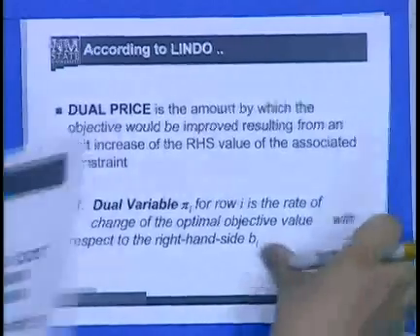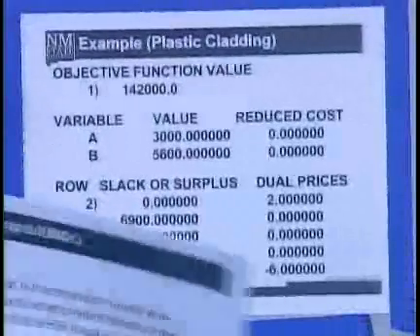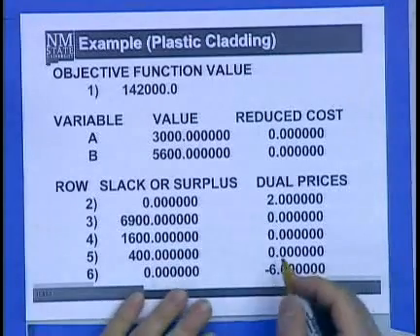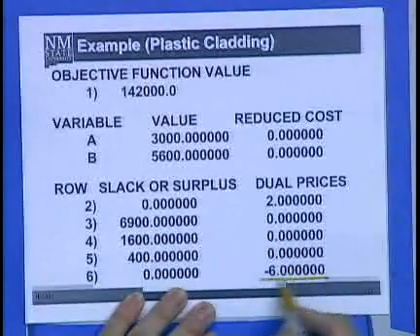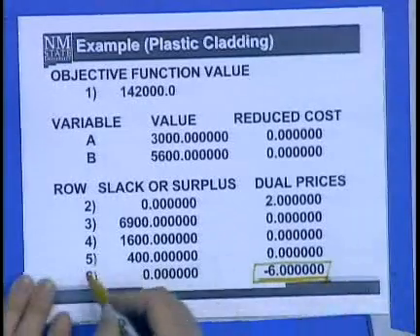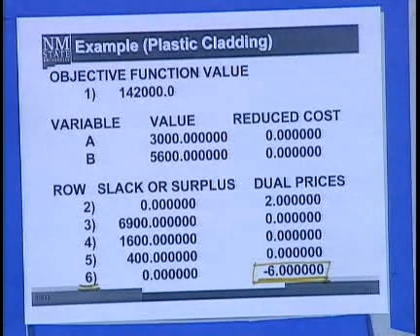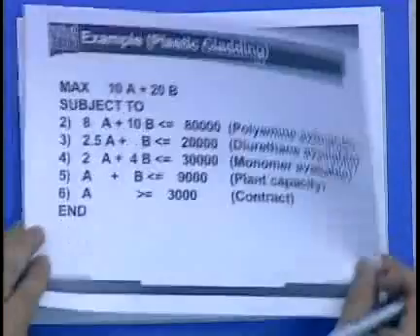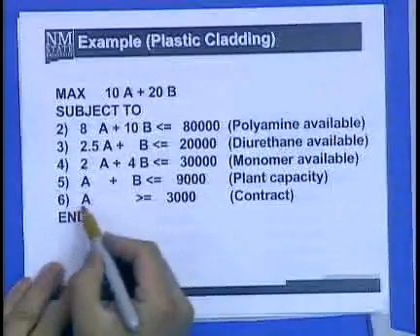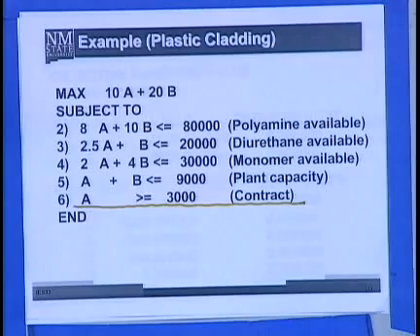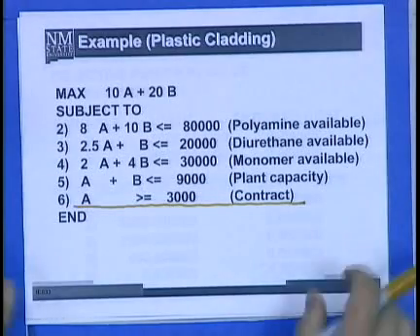So according to the Lindo output, we have a value of -6 for row number 6. Okay? Because row number 6 represents the restriction for the contract of A and Enkaler, right?